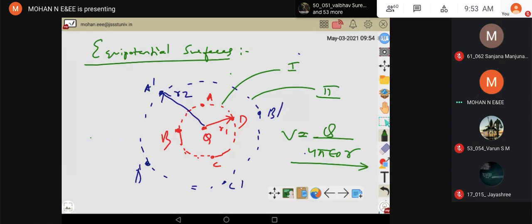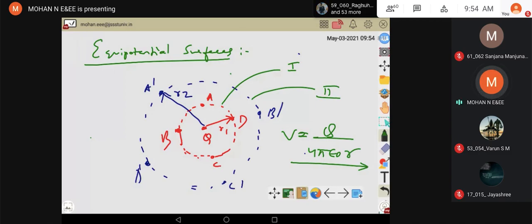That means the potential will be very high when it is closer to the charges, and much lesser when it is moving away from the charges, because the field decreases. Therefore, the potential of equipotential surfaces goes on decreasing.